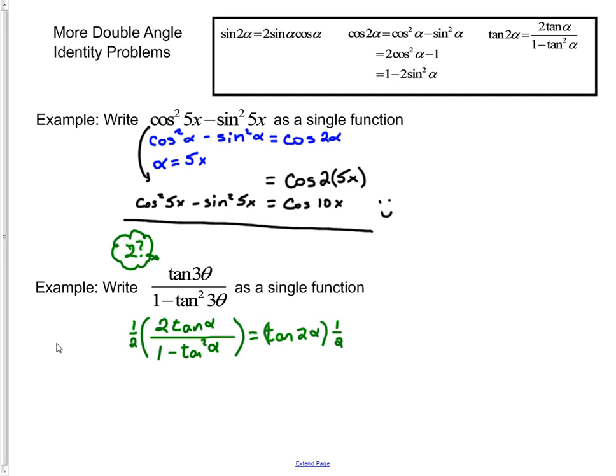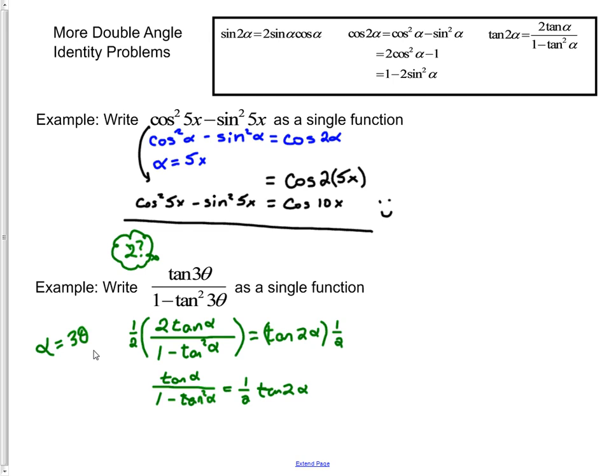Now here's the other thing. What's taking the place of alpha? It looks like alpha is replacing 3 theta. So if we take that to be the case, that tangent of alpha divided by 1 minus the square of the tangent of alpha is the same thing as 1/2 times the tangent of 2 alpha.